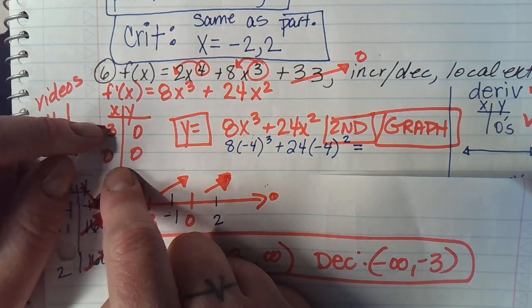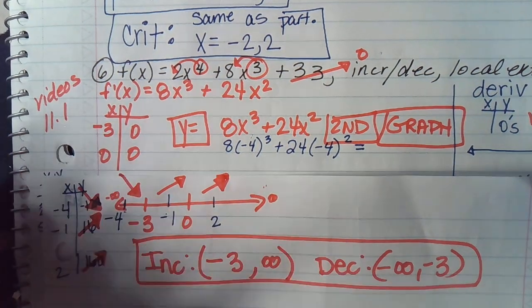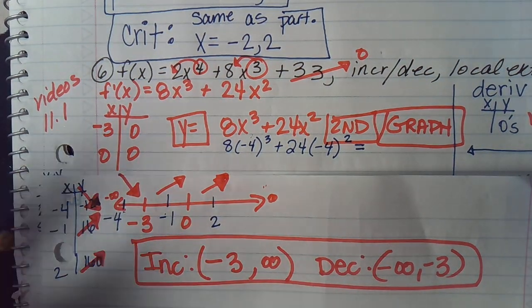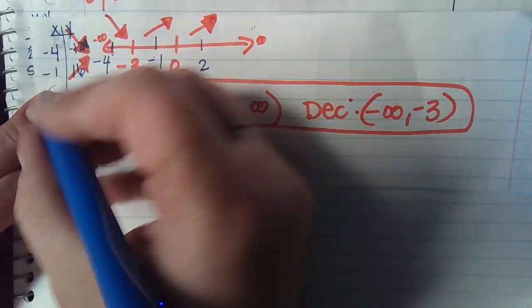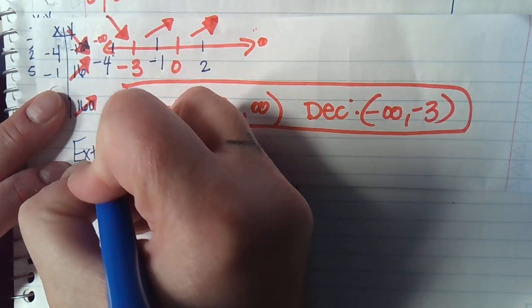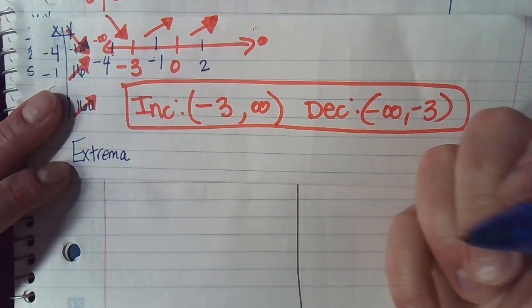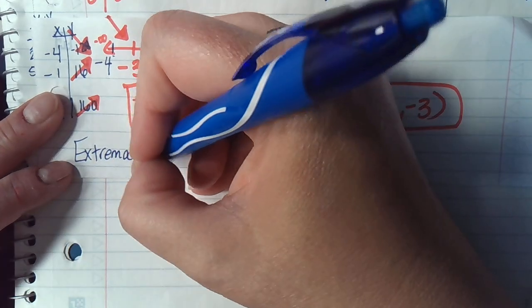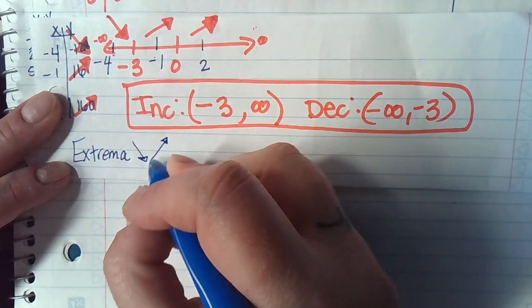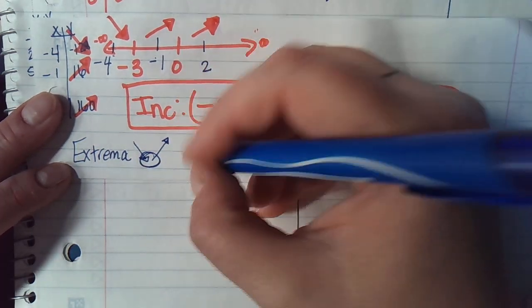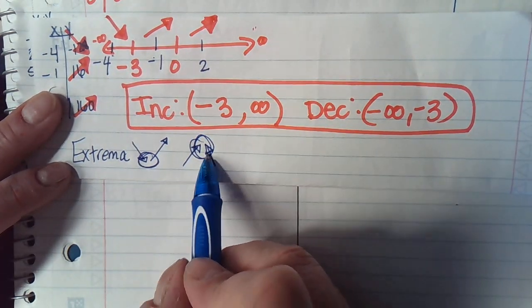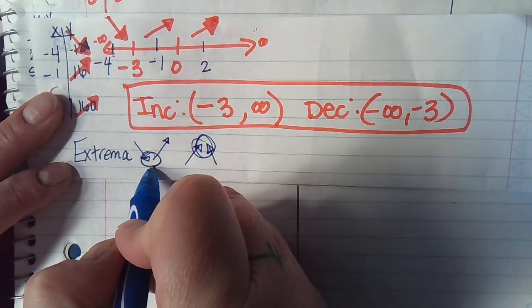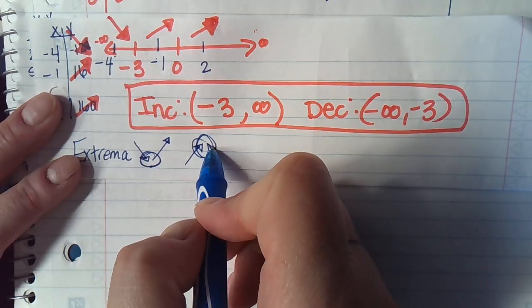Okay, and it's an extrema if it's the bottom of a valley or top of a mountain. Well, it's only extrema if it's the bottom of 2 arrows, or if it's the top of those 2 arrows. It's either the bottom of a valley or top of a mountain.